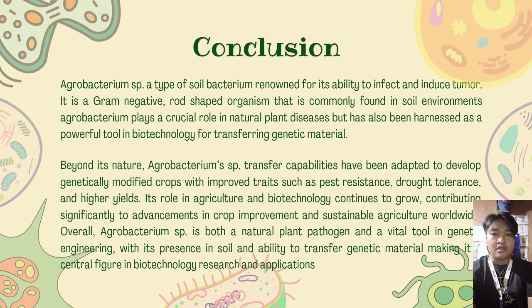So overall, Agrobacterium sp. is both a natural pathogen and a vital tool in genetic engineering. With its innate ability to transfer genetic material, it is a central figure in biotechnology research and application.